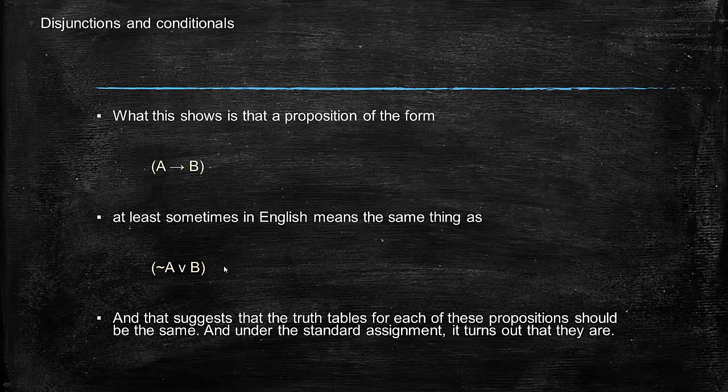They should coincide completely. And it turns out that the truth table for the disjunction, "not A or B," using the values we've already agreed make sense for the inclusive sense of "or," produces exactly the same truth table as the standard assignment for "if A, then B."